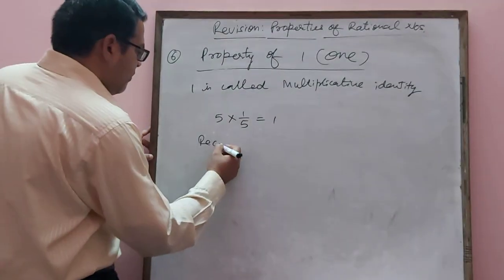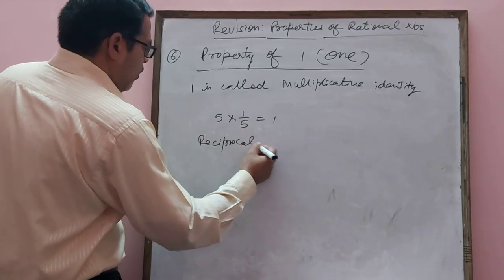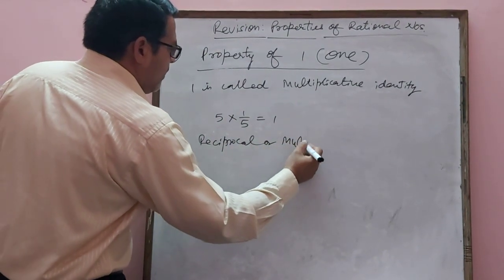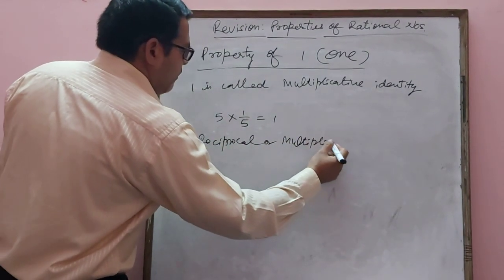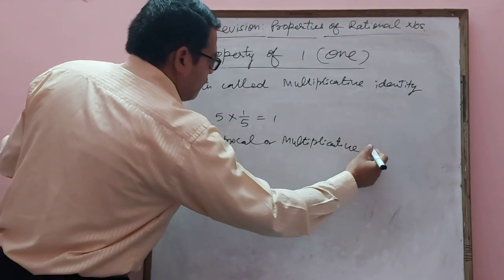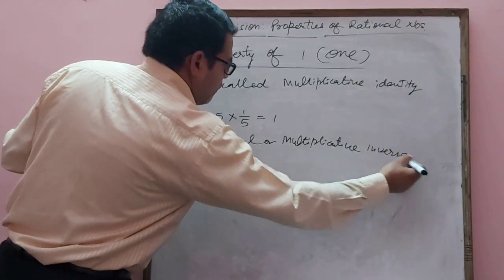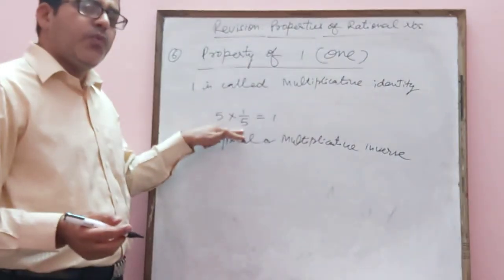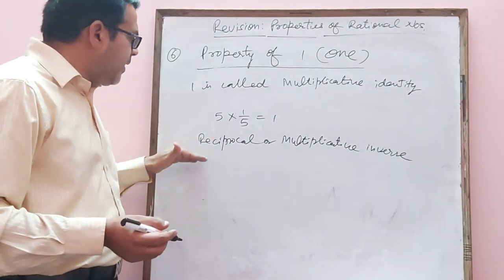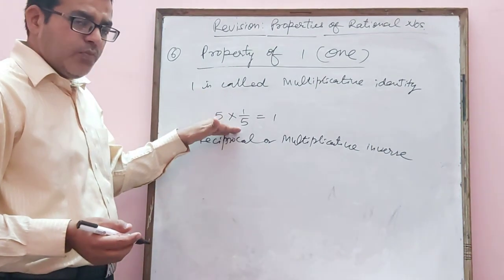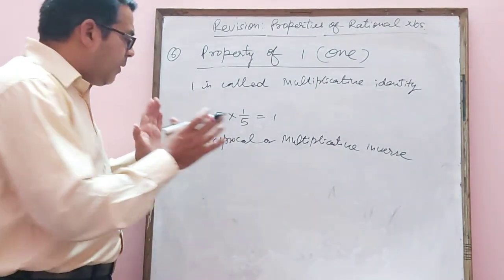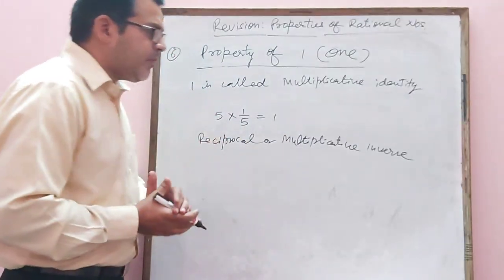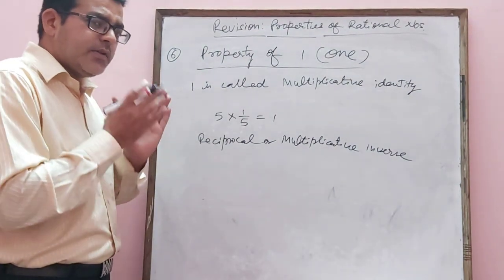So reciprocal and multiplicative inverse are both the same. In this case, what is the reciprocal of 5? That is 1 upon 5. What is the multiplicative inverse of 5? 1 upon 5. Right?